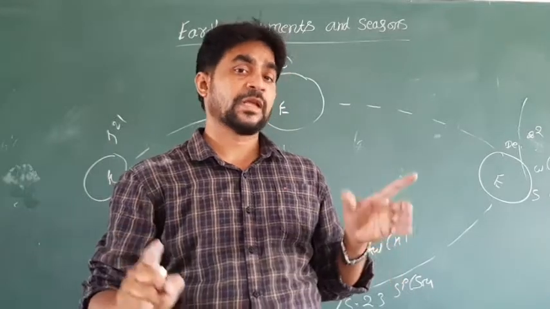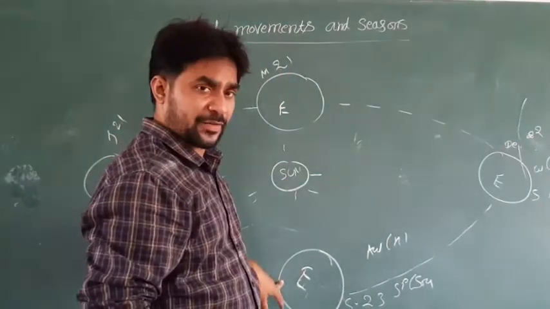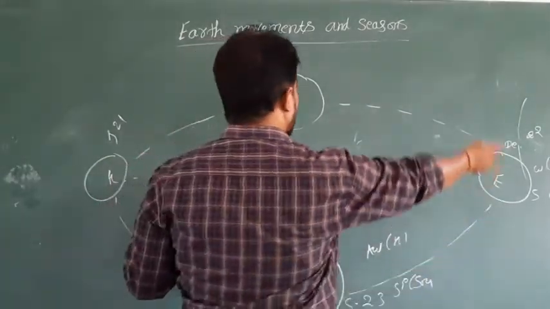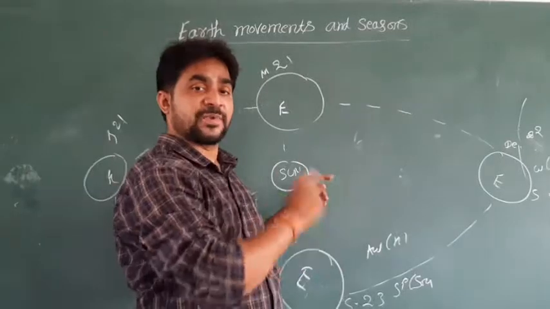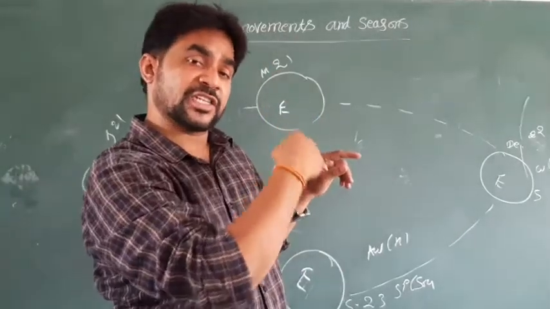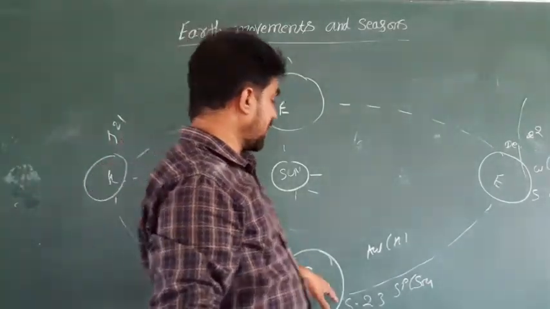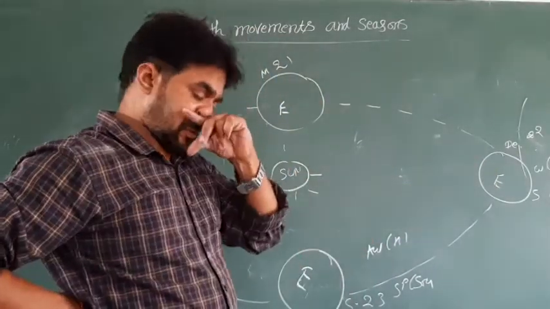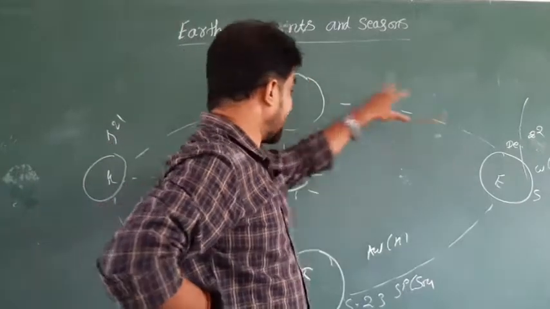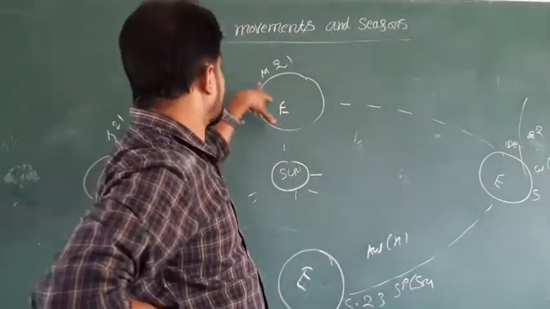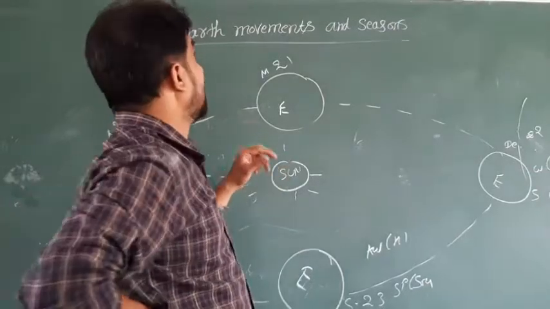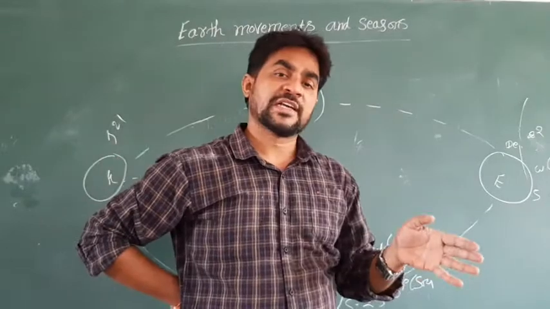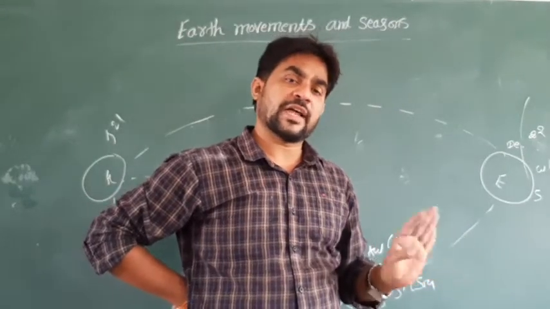But this is called revolution. Revolve means moving from one place to another place. Clear? Earth rotates on its own axis and also it revolves around the sun, and that is called revolution.